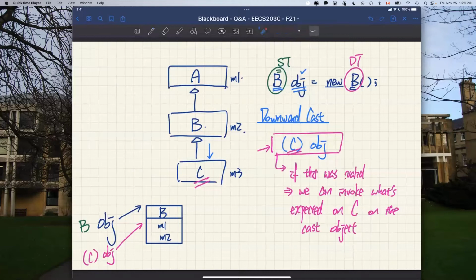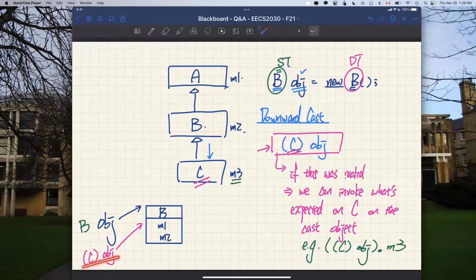and then OBJ is more like an alias that's also pointing to this object. If we allow this, that means we should be able to invoke certain methods expected on C, for example, N3, right? So I can try to do C and then OBJ, the cast expression, and then invoke N3 over here. If we try this, what's going to happen?